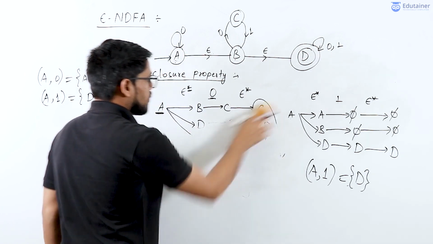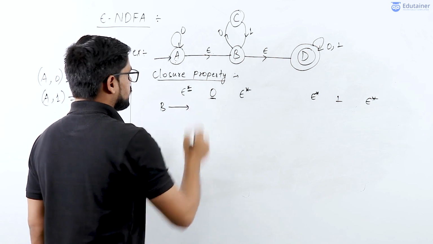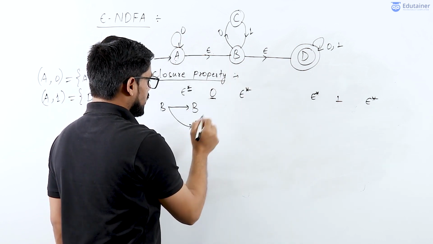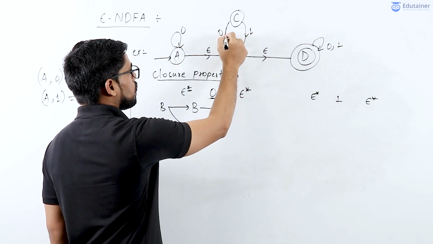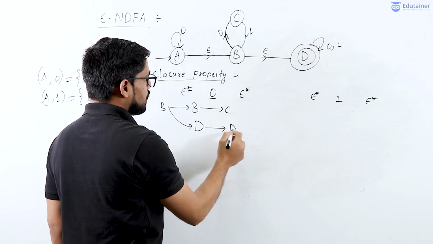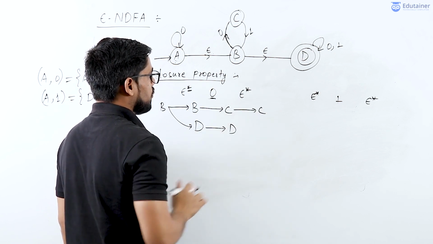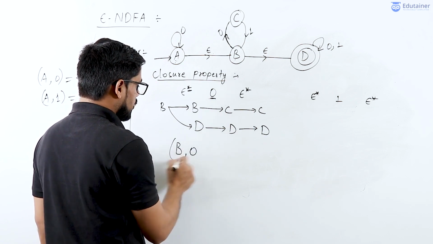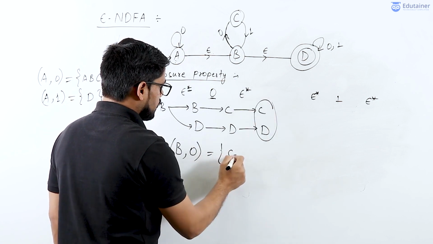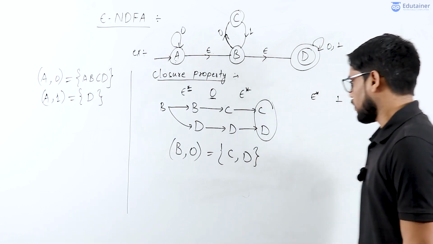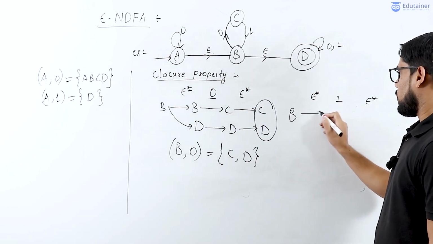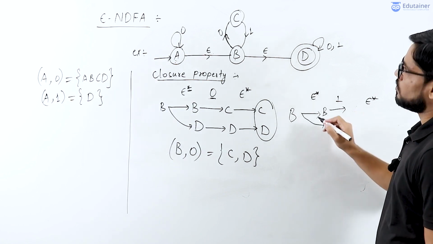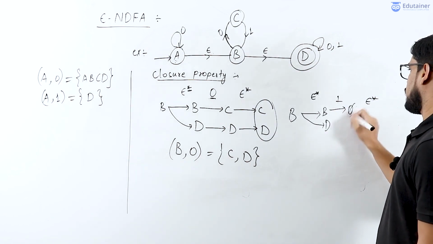Now consider the next state, B. B on epsilon star will go to B itself, which is trivial, or to D. B on 0 will go to C, and D on 0 will go to D. C on epsilon star will go to only C, and D on epsilon star will go to D. That means B after input alphabet 0 will go to either C or D. Now B on input alphabet 1: B on epsilon star will go to B as well as D. B on 1 has no move defined, so it is phi, a dead configuration.